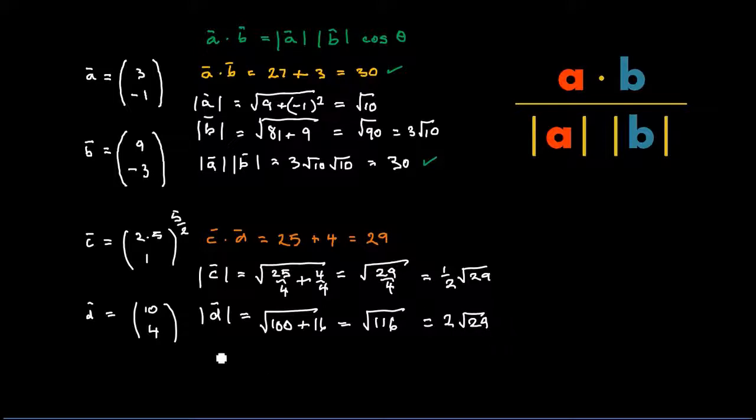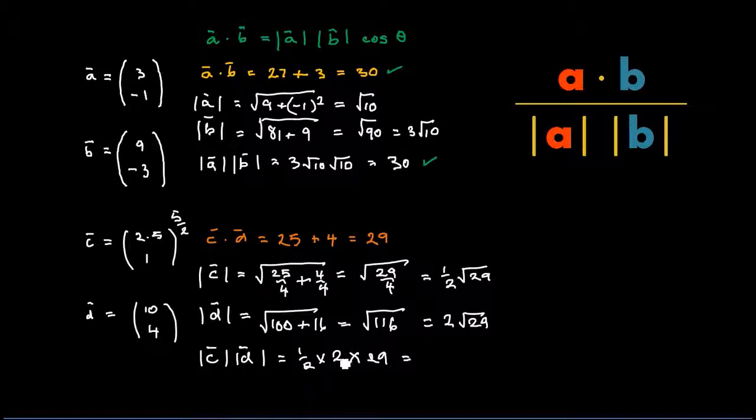Now let's find the product. So if I take my C and D magnitudes and multiply them together, I get a half times 2 times root 29 times root 29. Root 29 squared is 29, so times 29.